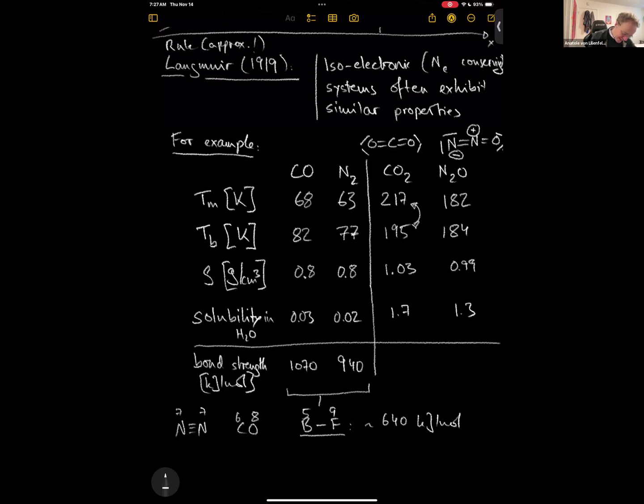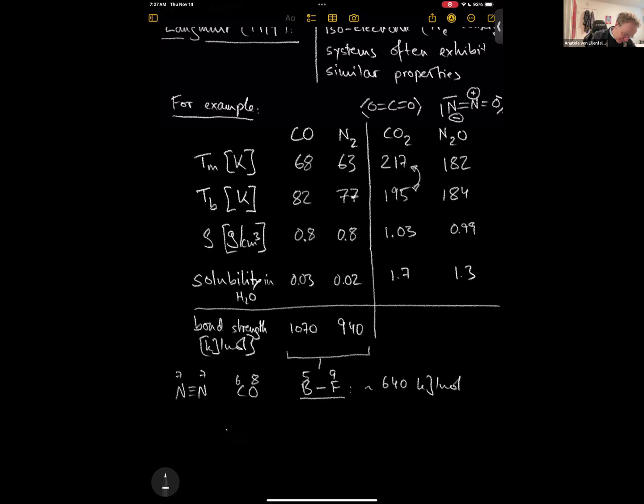If you consider the Lewis structure, boron has 3 electrons, and now fluorine is a halogen. It has 7 valence electrons, and you will form this bond, right?